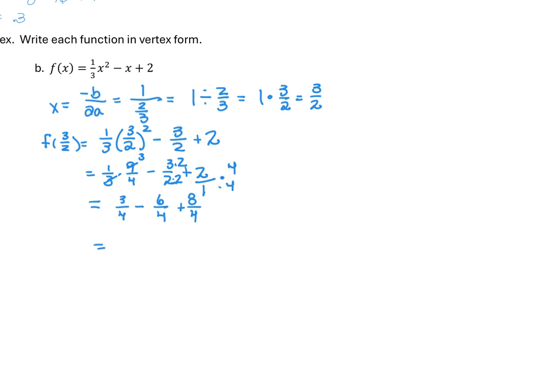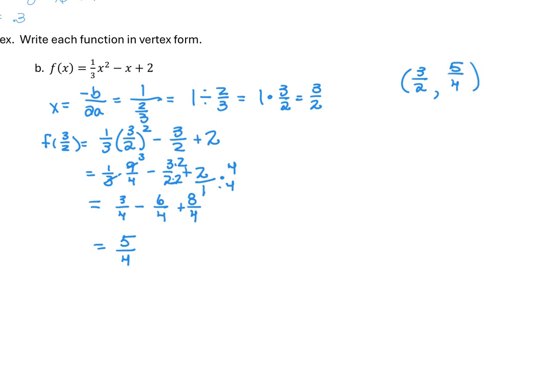If we combine all of this, we get 3 minus 6 is negative 3. And if we add that to 8, we get 5. We still have a denominator of 4. And so my vertex, after all this work, and keep in mind, on problems like this, you can use your calculator, is 3 over 2, comma, 5/4.